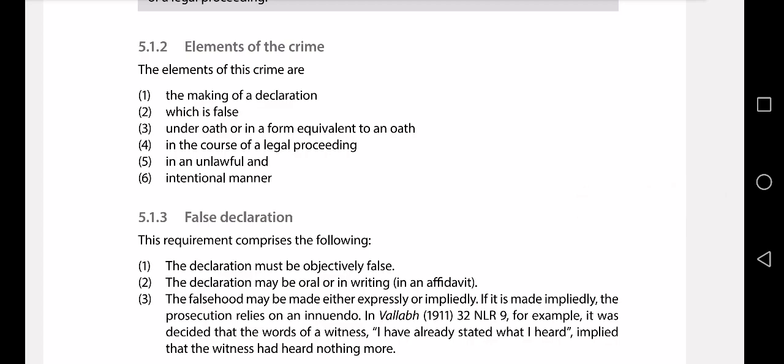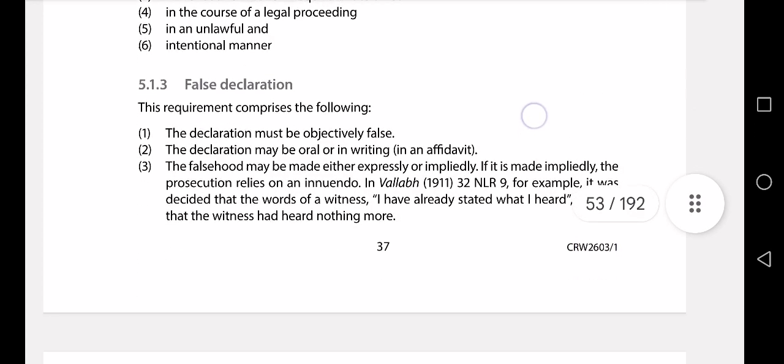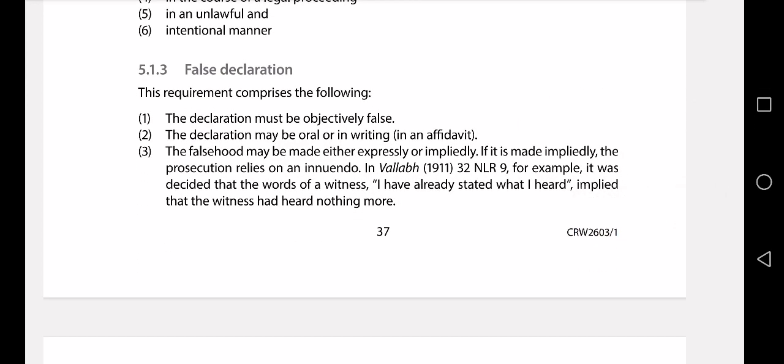Elements of this crime are the making of a declaration which is false under oath or in a form equivalent to an oath in the course of legal proceedings in an unlawful and intentional manner. False declaration.